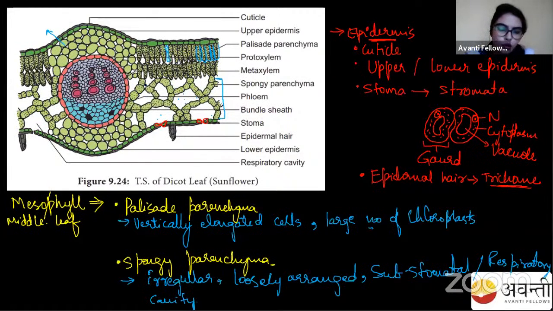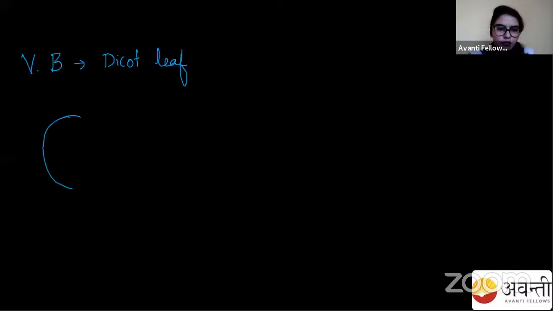Now we will go to the vascular bundle. Vascular bundle of what? Of the dicot leaf. So as you saw, this is called the bundle sheath.